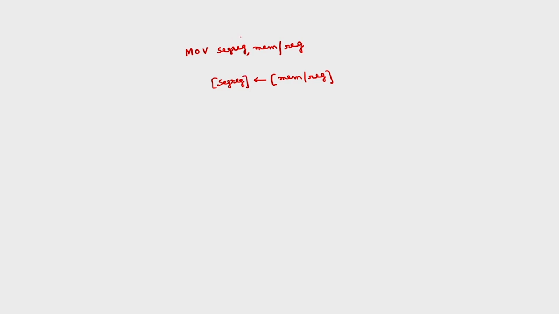We have 4 segment registers: code segment, data segment, stack segment, extra segment. If you want to transfer data from memory to the segment register, then while calculating the memory address you have to use the data segment by default to compute the physical address.